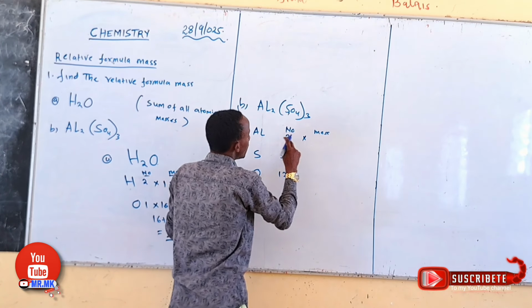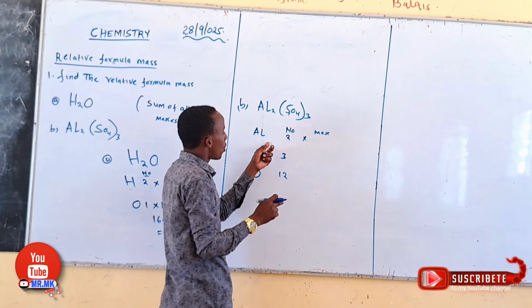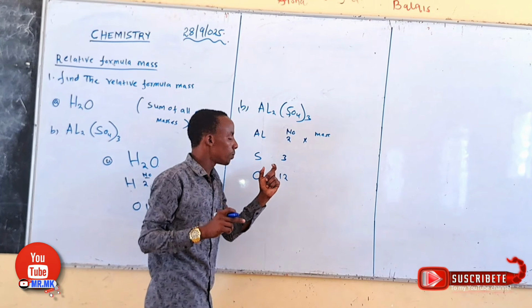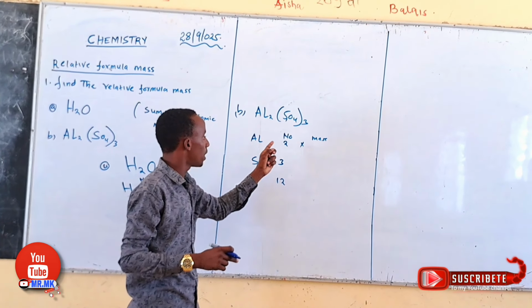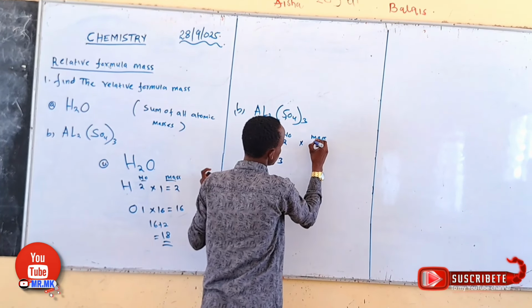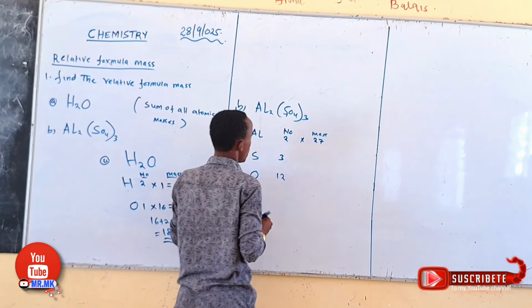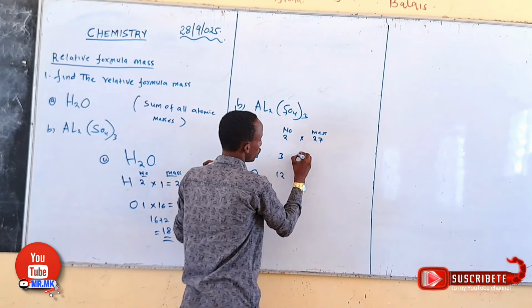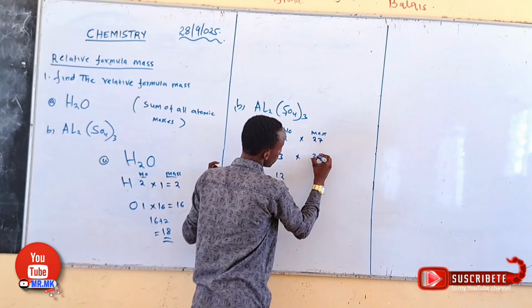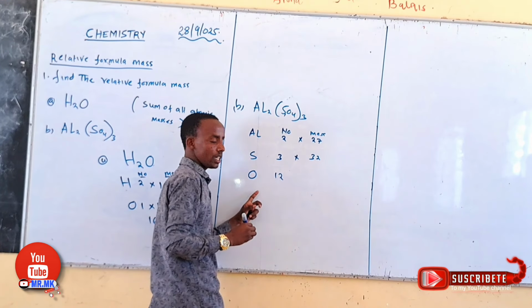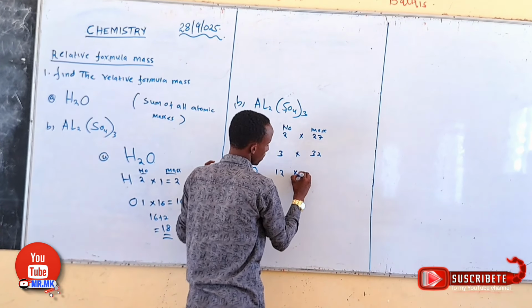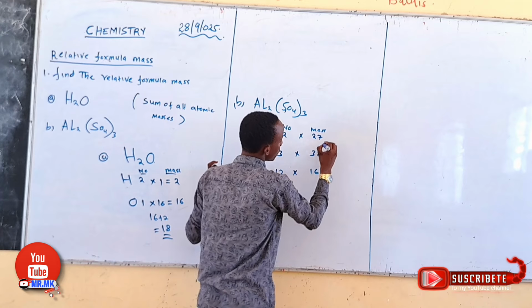Now multiply by the mass number of each element from the periodic table. Aluminium is 27, sulfur is 32, and oxygen is 16.